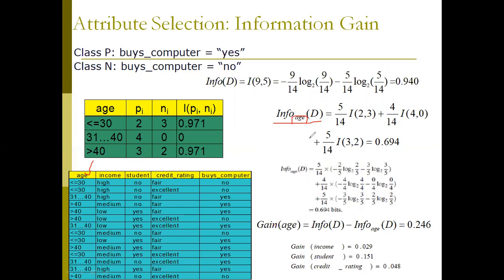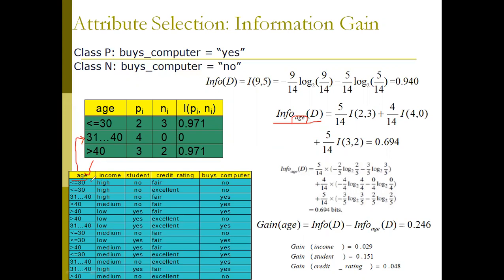So what are all these? Our age is represented in this table like this: less than or equal to 30, 31 to 40, greater than 40. These are the 3 different data objects used under the age attribute.